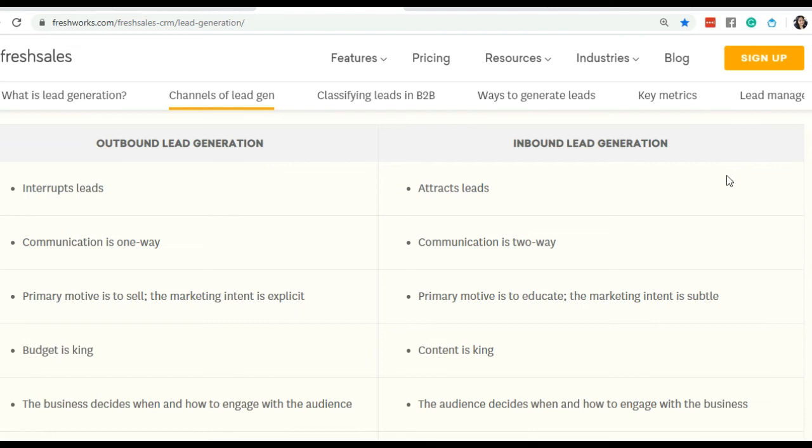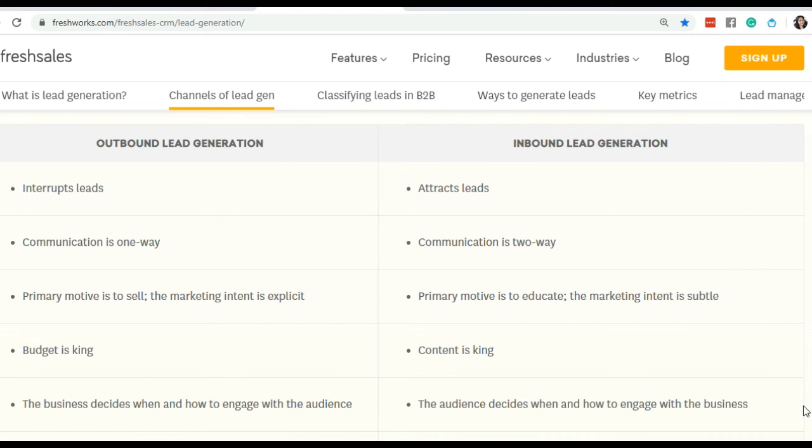While for inbound lead generation, the primary motive is to educate. The marketing intent is subtle. And for outbound lead generation, budget is king. And for inbound lead generation, content is king. So mahalaga yung content pagdating sa inbound lead generation, whereas outbound lead generation, you need to have a huge budget for ads, for marketing, and budget is king for outbound lead generation.